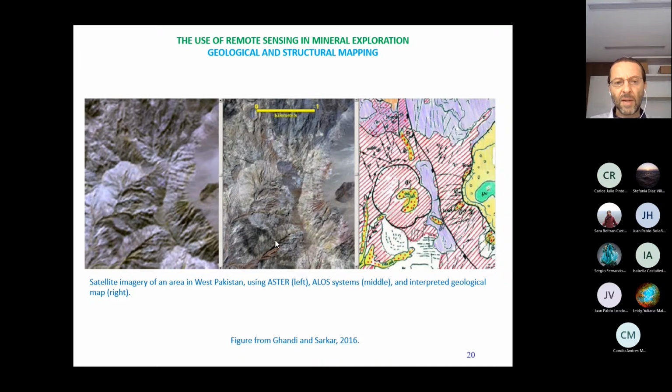Here are other examples, like you can use the satellite imagery to do geological mapping. Of course, what people do, they do an initial interpretation, but then they go in the field, because even if you can separate different domains based on the imagery, you have to go in the field to see what exactly those rocks are, so that you can convert your interpretation based on the morphologies that you see and different reflectivities into a geological map.